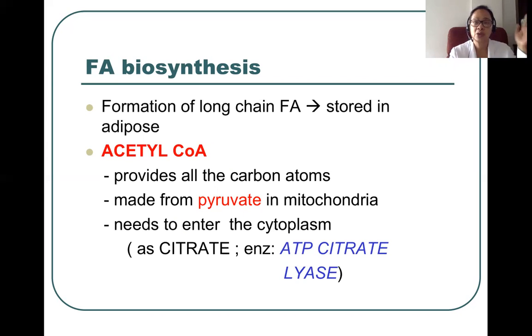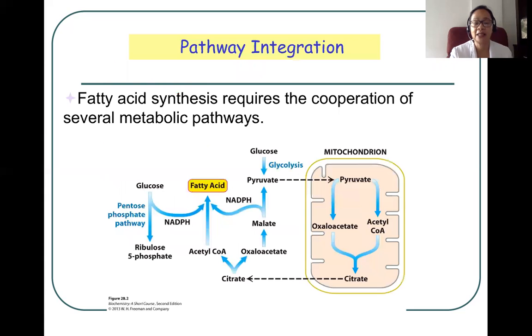After glycolysis, the acetyl coenzyme A, after it is produced from the pyruvic acid, is located in the mitochondria. And what did I say? Fatty acid synthesis occurs in the cytoplasm. Therefore, your acetyl coenzyme A needs to enter the cytoplasm, and that is in the form of citrate, which is catalyzed by the enzyme citrate lyase.